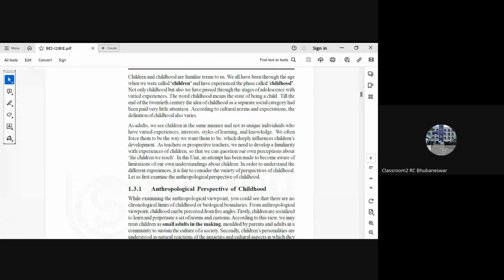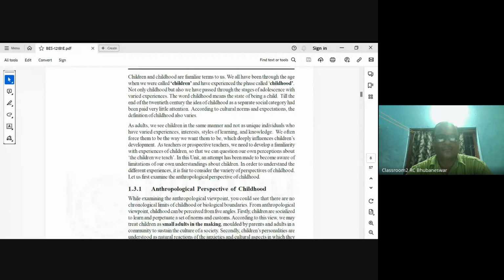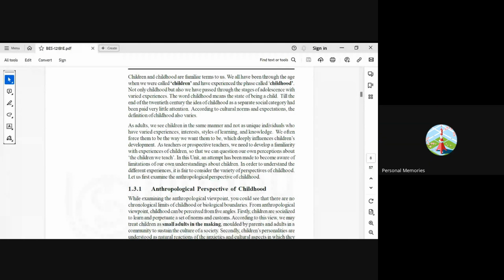So they will choose their ideal, and they will obey and inculcate everything they have learned from that person. This is called hero worship.